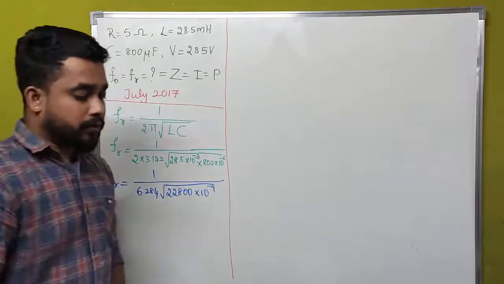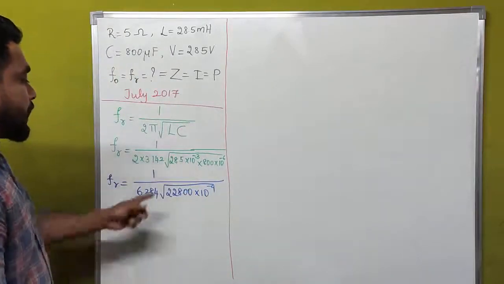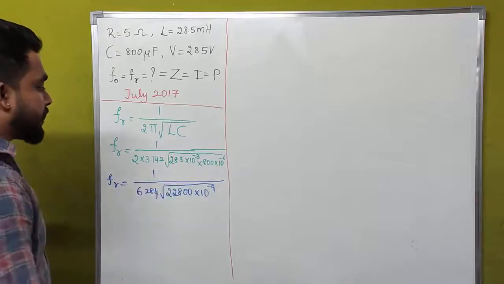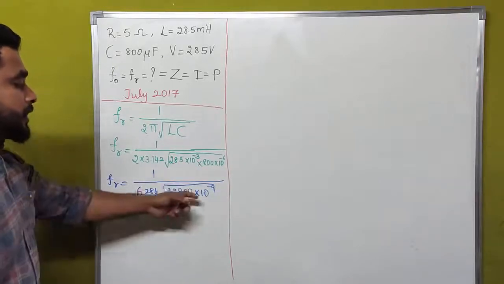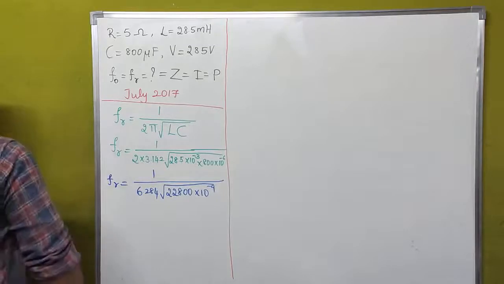The value of L and C, 28.5 into 800, is equal to 22,800 into 10 to the power of minus 9.